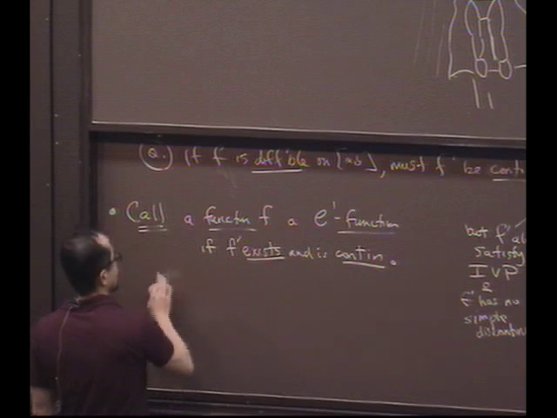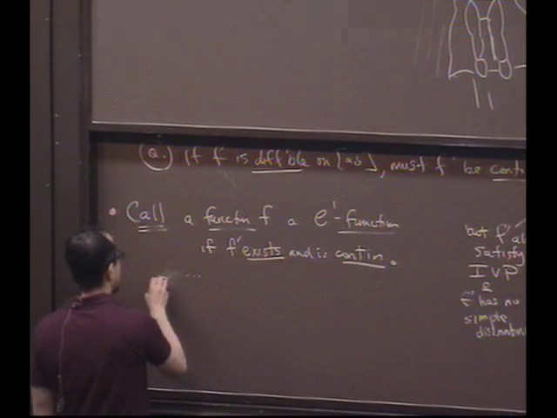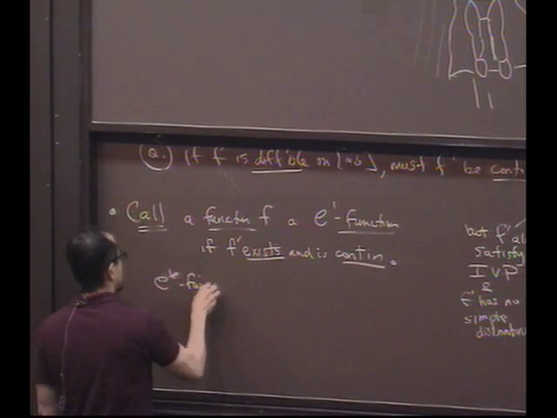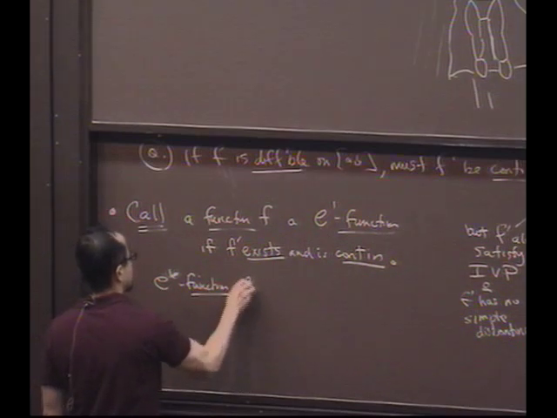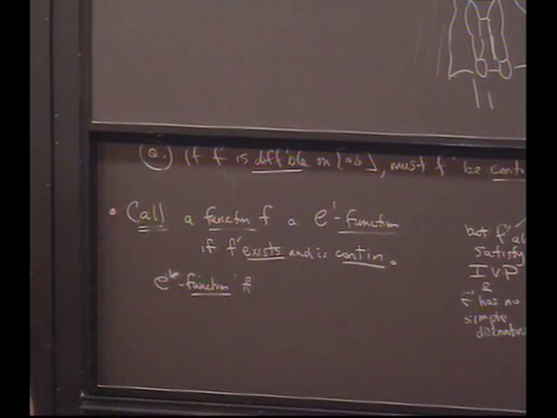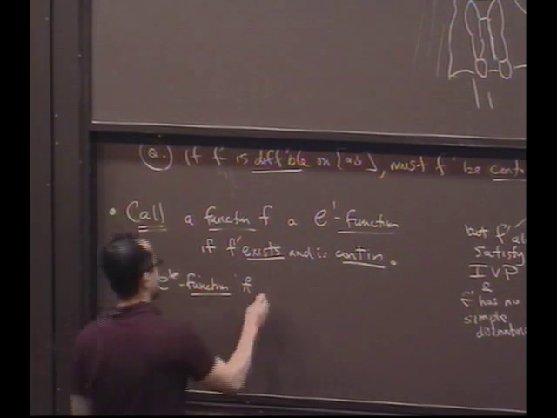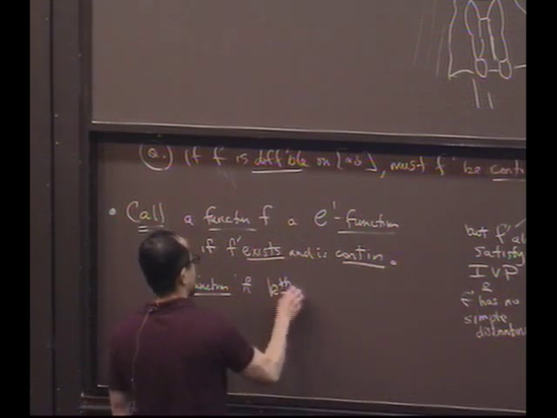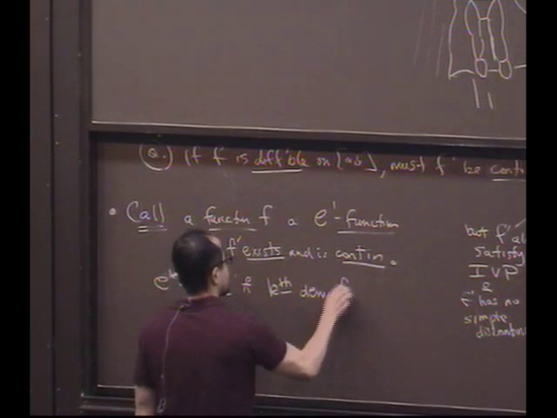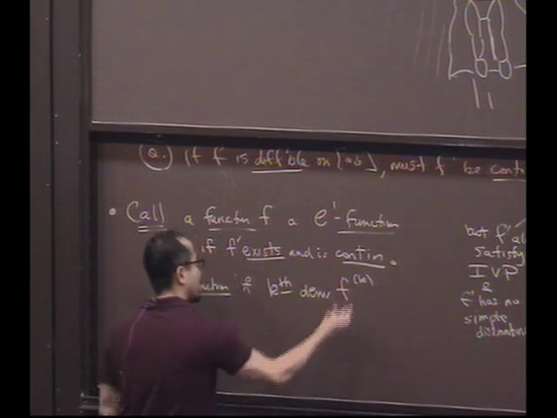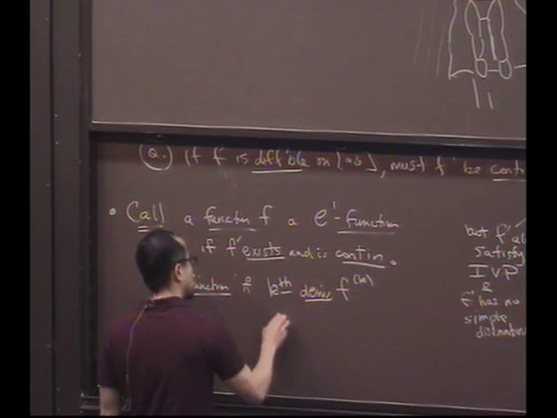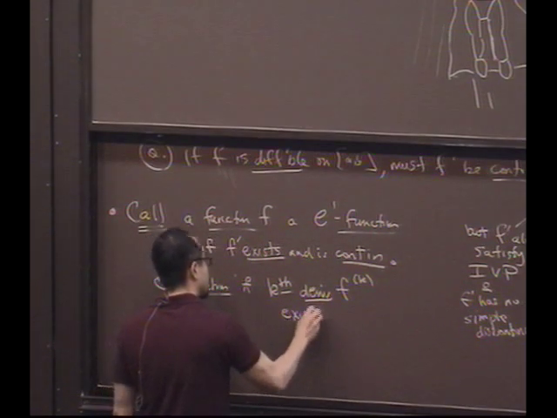Similarly, we'll call a function C^k if what? If it has how many derivatives? k derivatives, and the kth derivative is continuous. The kth derivative, which is sometimes written f with a parenthesis k, exists and is continuous.